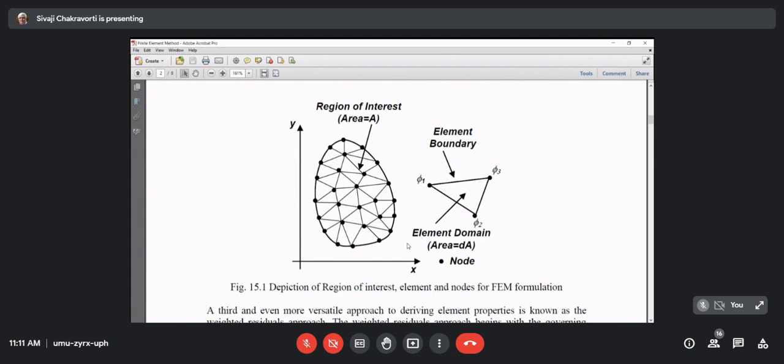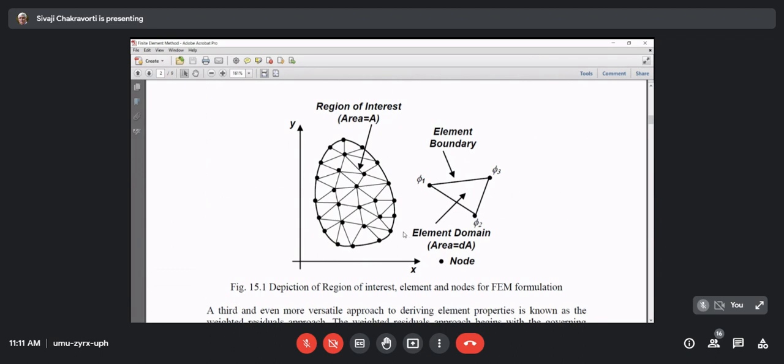Yes, that's an important question, and there are different types of shapes people have used. But the most commonly used shape that FEM uses is a triangle. And if it is a three-dimensional case, then you cannot have a triangle. Then what we have is a tetrahedron.